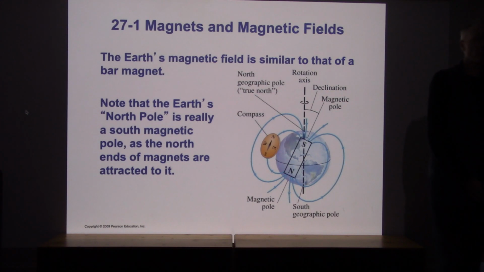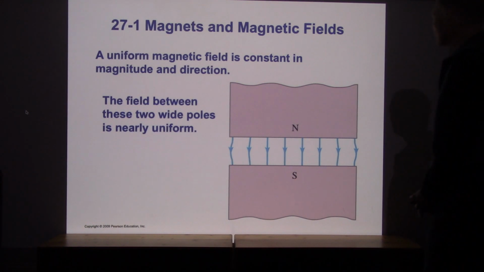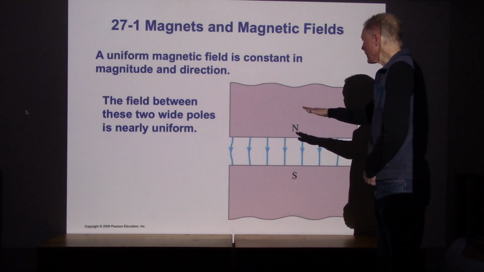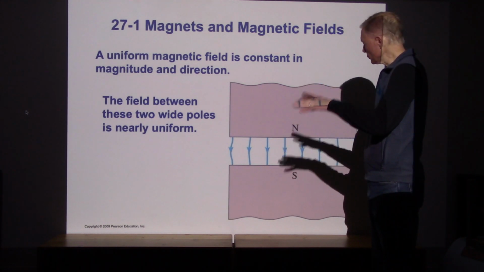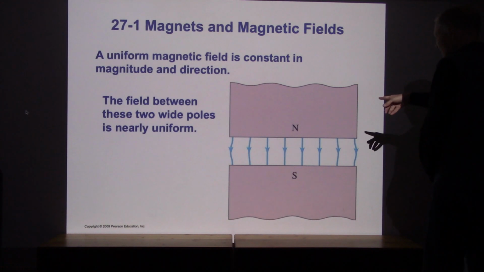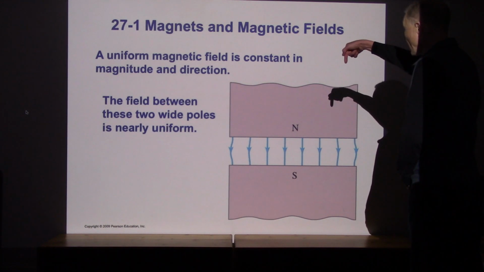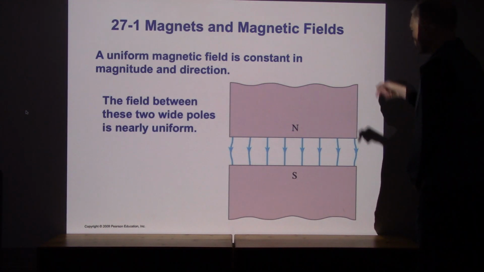And here's just another picture giving a bit of an idea as to how we might generate a uniform magnetic field. In a lot of the problems that we see, we just write down and say, here's the magnetic field, here's what it looks like. And this is an example. The field lines exterior to the magnets are defined in a way that they run from north to south.